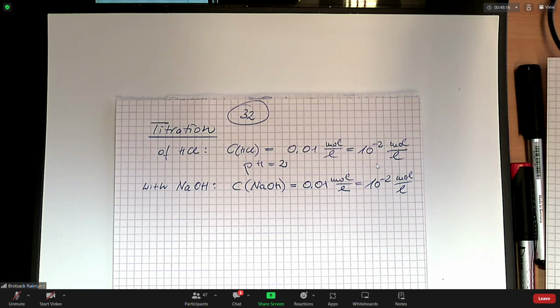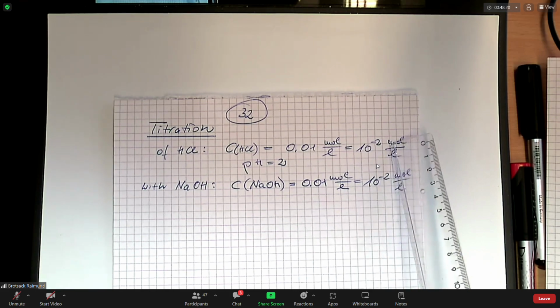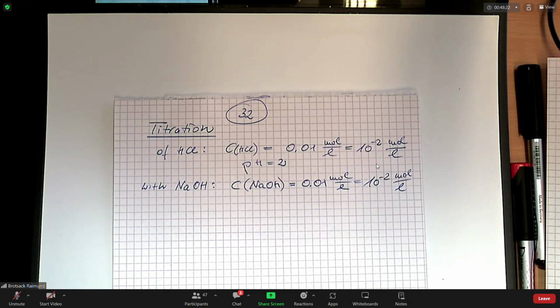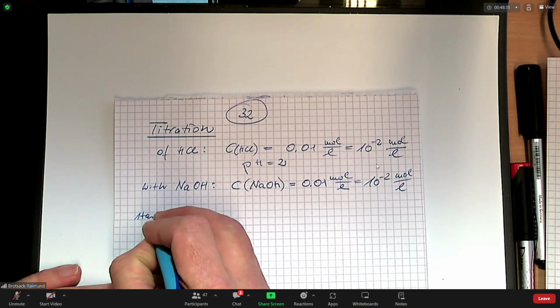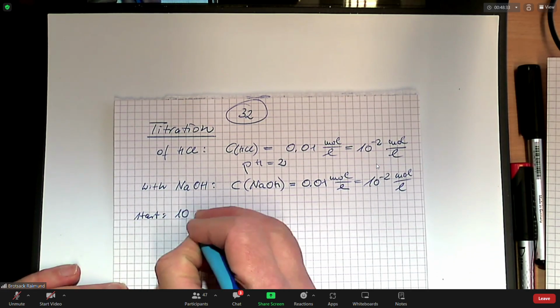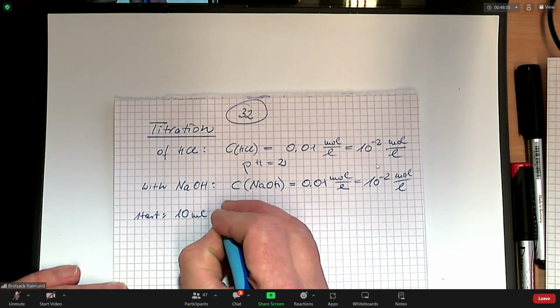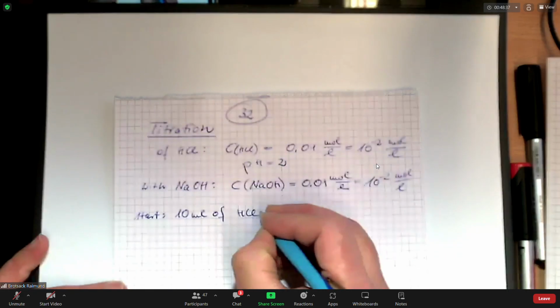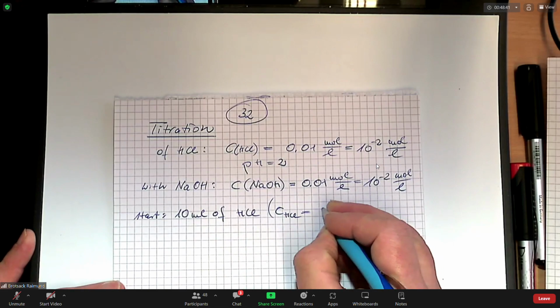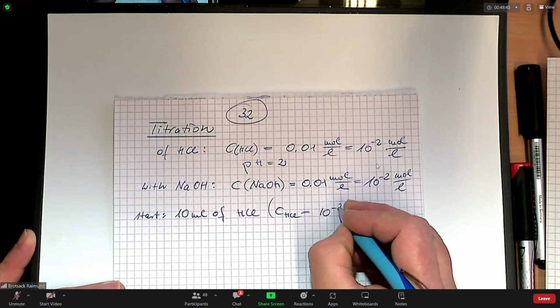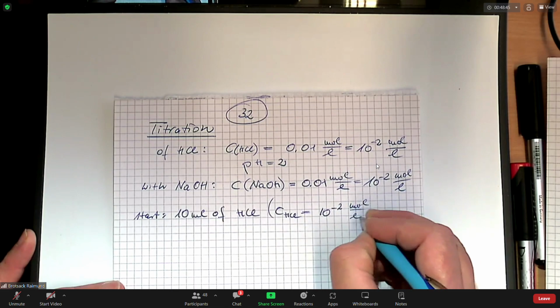Of course, let's say we start with HCl with that concentration, but in our beaker, we have only 10 milliliter. So at the start, 10 milliliter of HCl solution with the concentration of HCl 10 to the power of -2 mole over liter.